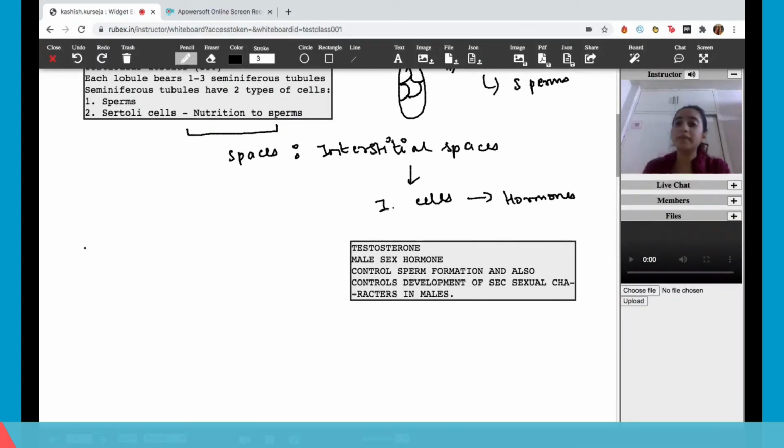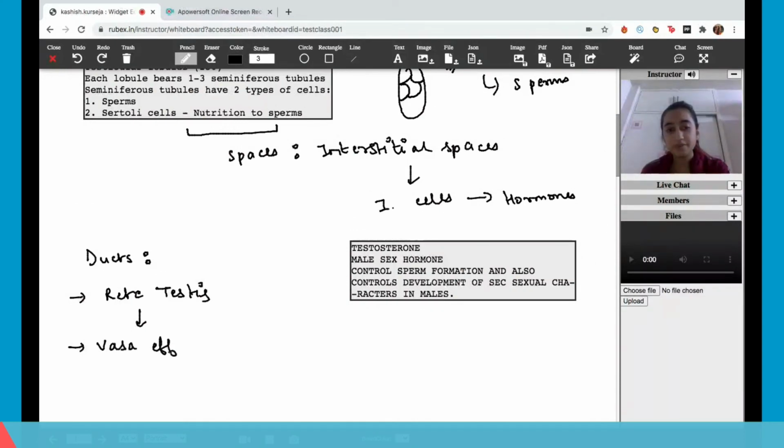Now, the male reproductive system as discussed in the diagram above, I'm just going to recap what we did in the diagram. There are some accessory ducts found inside the male reproductive system. As we saw in the diagram above, we firstly have rete testis. Rete testis opens up into the next one known as vasa efferentia. We saw the whole pathway in the diagram above.